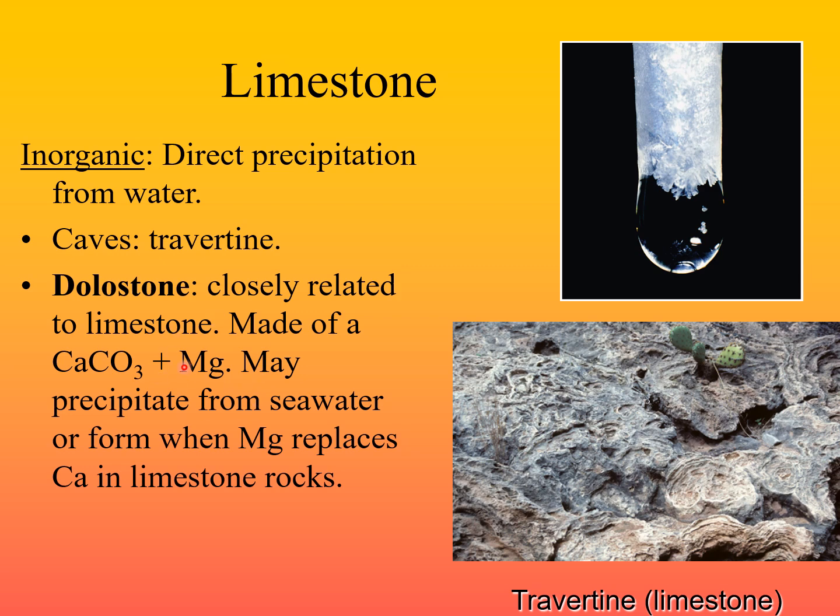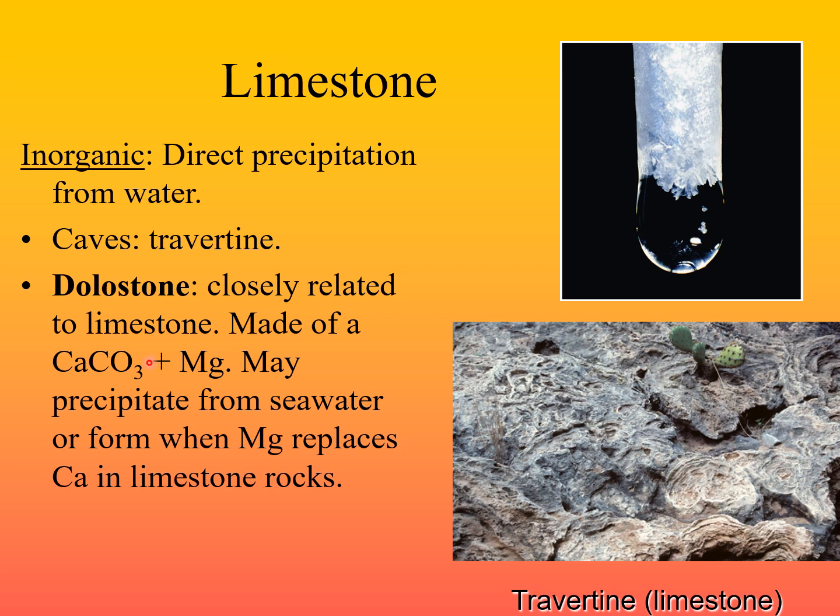And the magnesium can just tack on to this, or it can sometimes replace the calcium altogether, giving you magnesium carbonate, MgCO3. And these tend to precipitate directly from seawater, or some kind of magnesium-rich water can move through them later and dissolve the calcium and deposit the magnesium onto this carbonate polyatomic ion here.